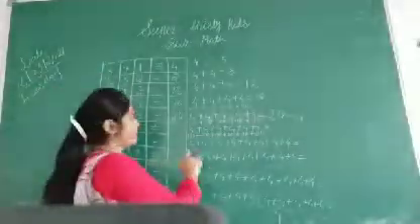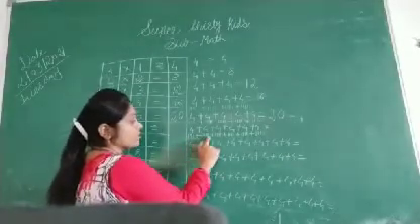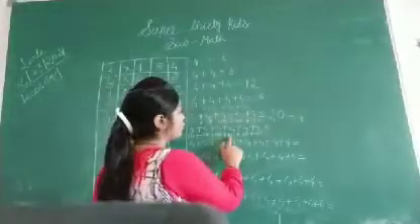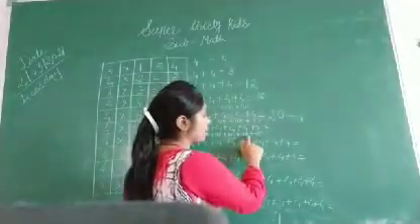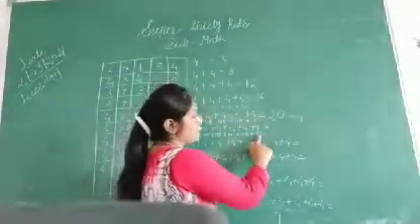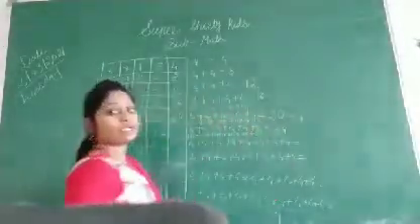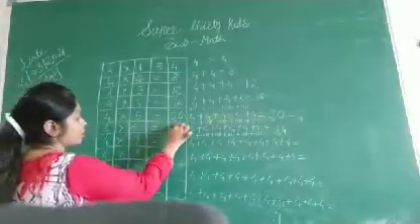Count with me. 1, 2, 3, up to 24. We get 24 altogether. So 4 sixes are 24.